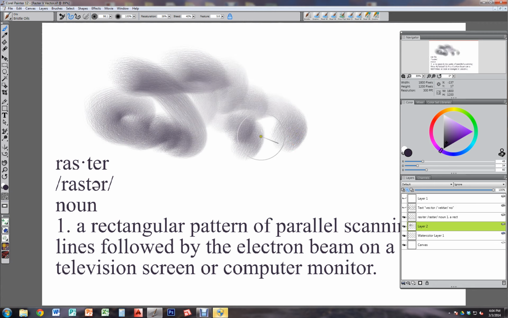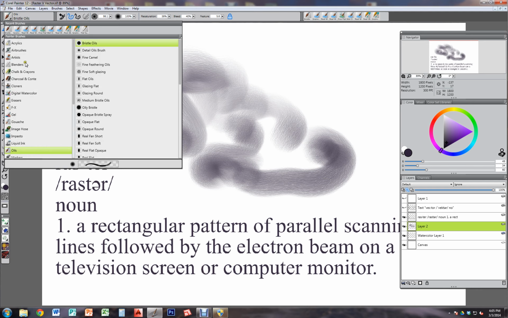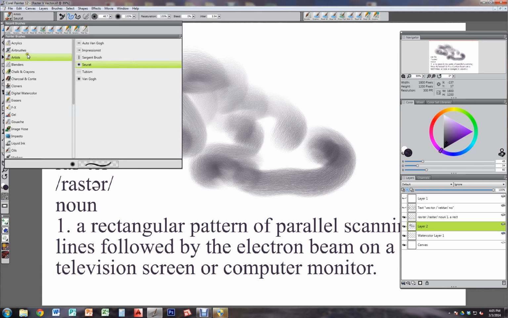However, there aren't really paints in the computer. And all of that interpretation is just a way for Painter to interpret what we're saying when we move our pen along the tablet.